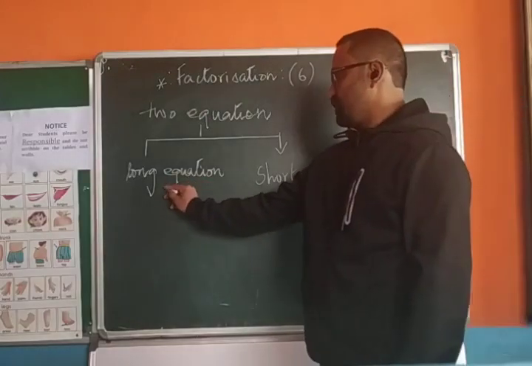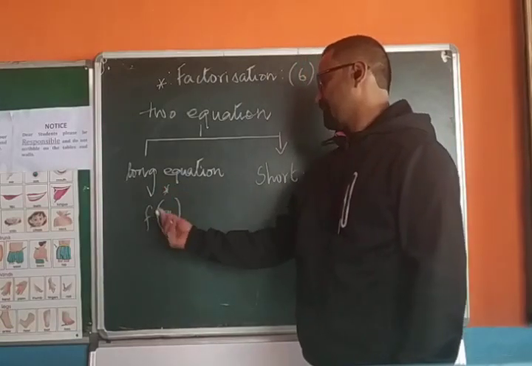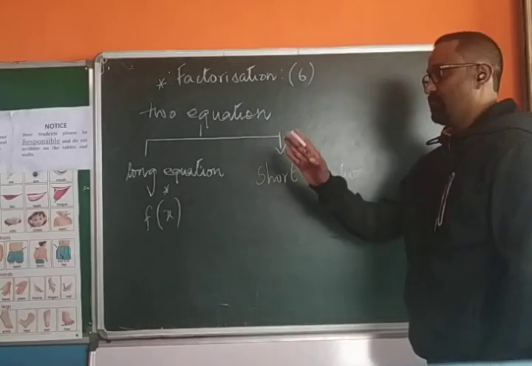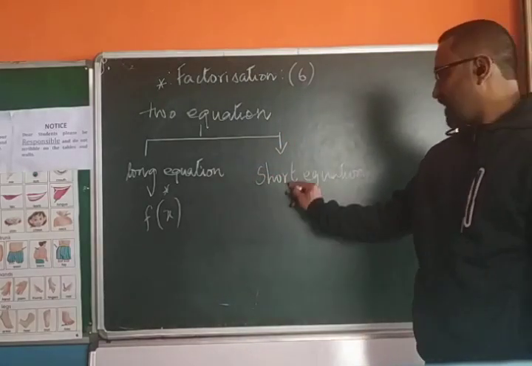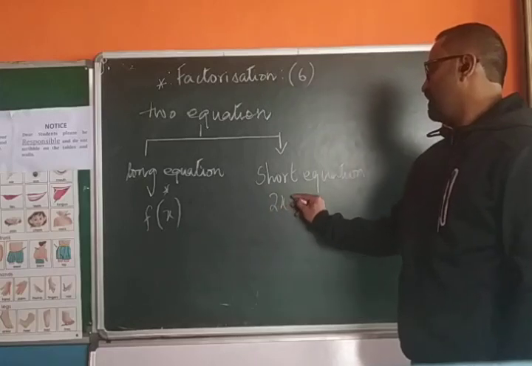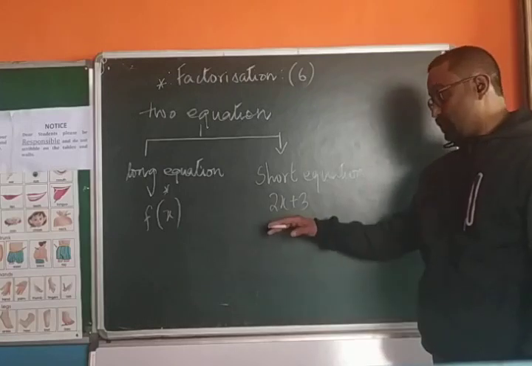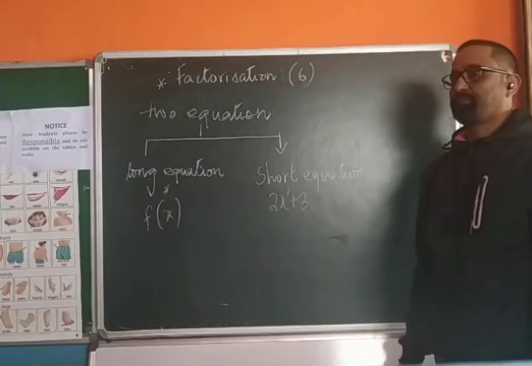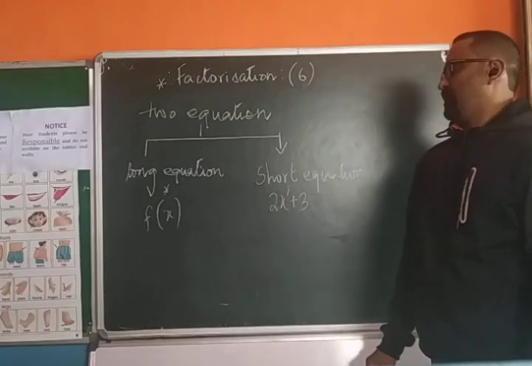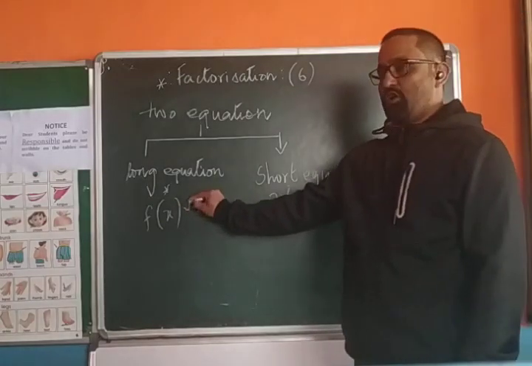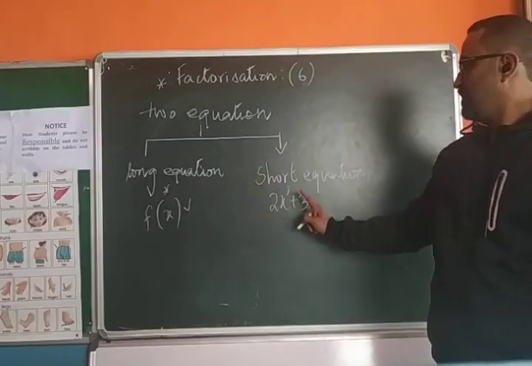Remember, first equation is always assumed as fx, which stands for function of x. And second equation will be an equation with 1 degree. Long equation is always taken as function of x.